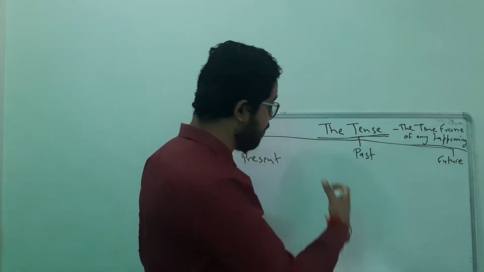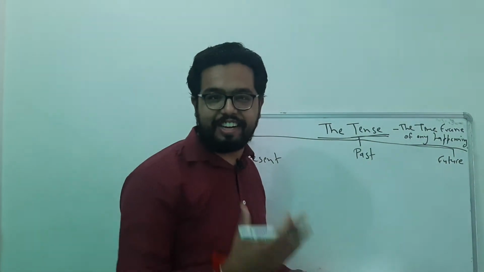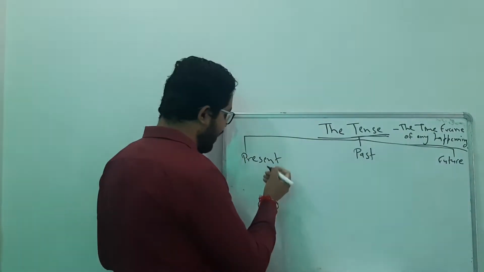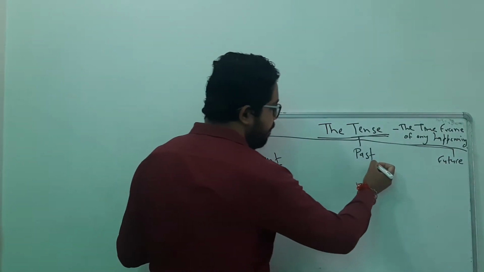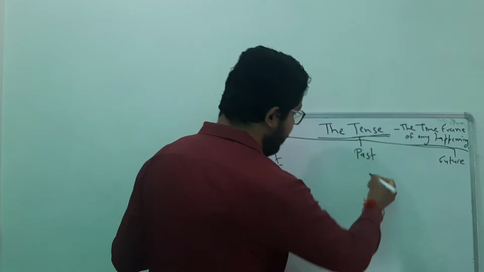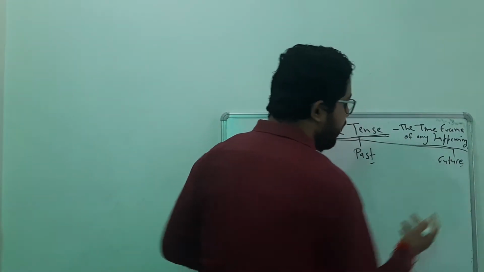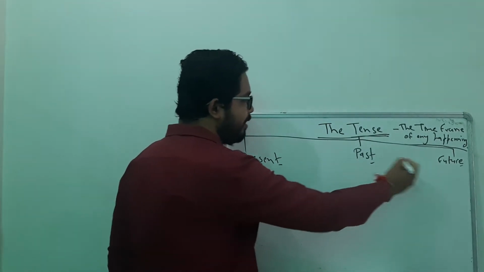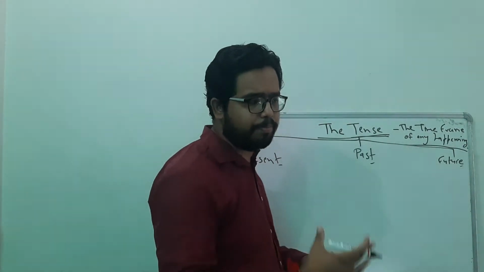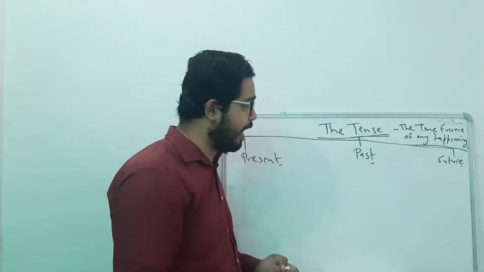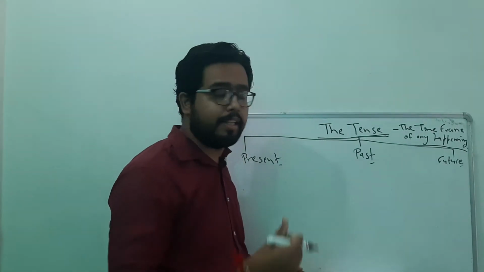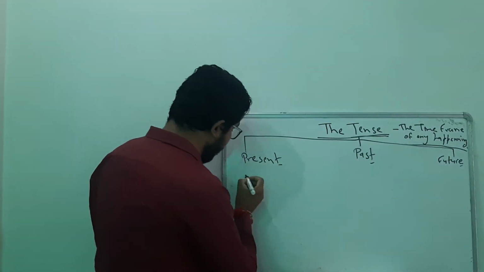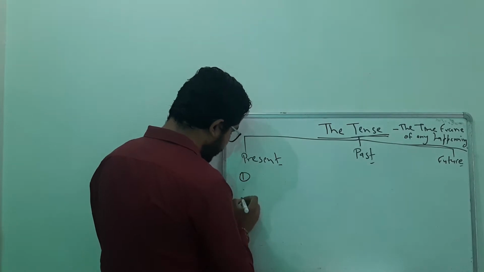His 3 children studied and went to different countries. Present settled in India, past maybe in Afghanistan, and future in Australia, right? They pursued their lives, got married, and they all had 4 children.